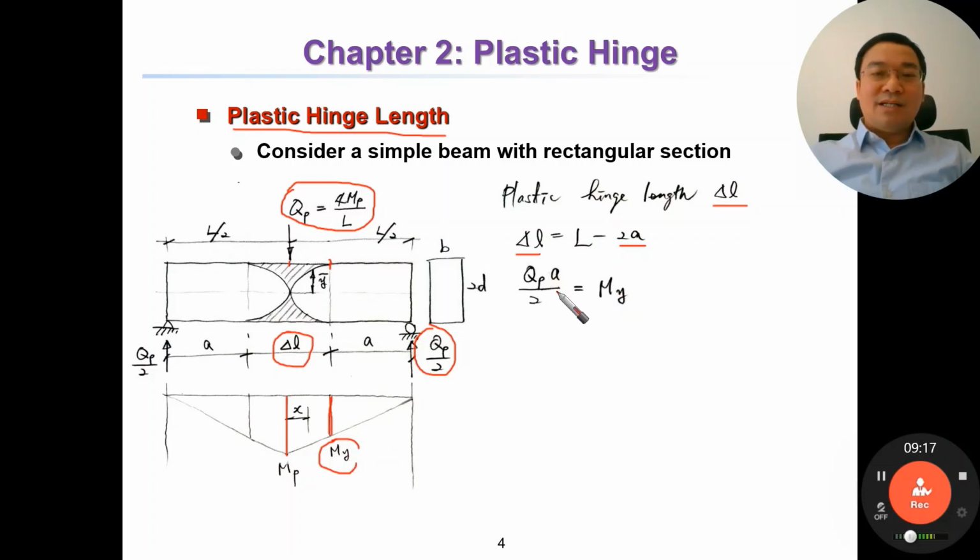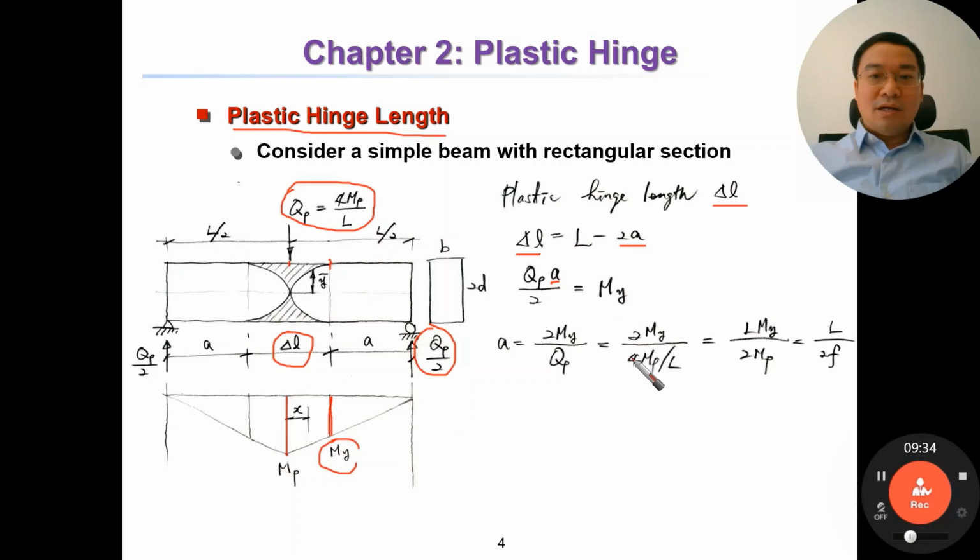From this equation, it is very simple to determine A. So A equals 2 My over QP, and of course, this is QP. Finally, we have A equal to L over 2F.